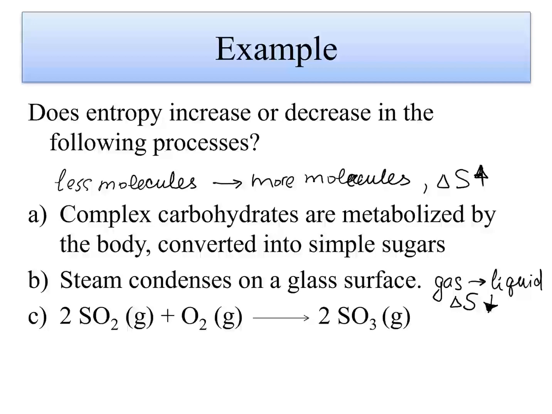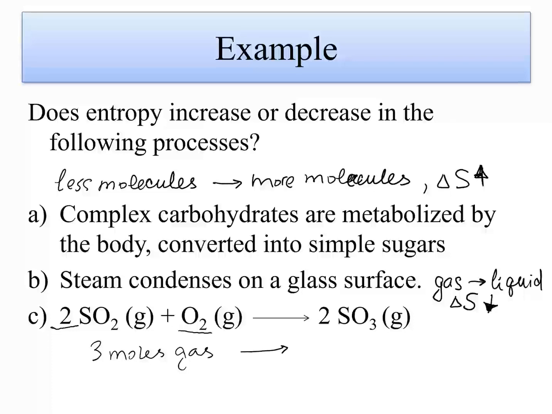In the third question, we have a reaction of sulfur dioxide with oxygen gas, which produces 2 moles of sulfur trioxide. Let's take a look at the coefficients of this equation. We started with 2 moles of sulfur dioxide and 1 mole of oxygen gas. Essentially, we have 3 moles of gas on the left of the reaction arrow.